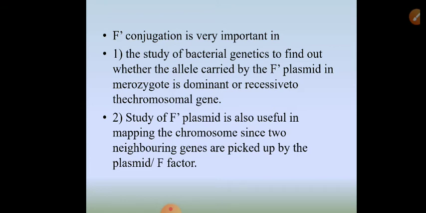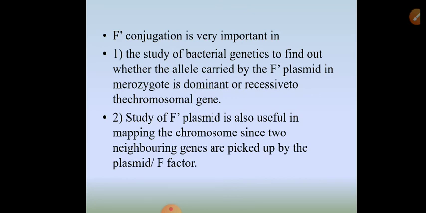So, this is about conjugation. Conjugation was a phenomenon discovered by Lederberg and Tatum. They found that conjugation is not similar to transformation. Conjugation is a process in which both donor and recipient, in living condition and in physical contact, are required.